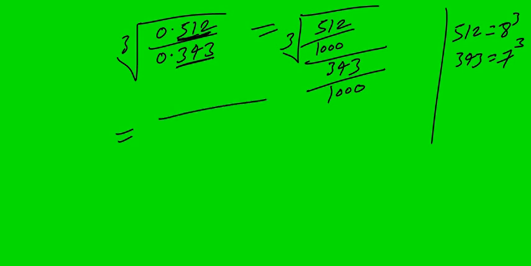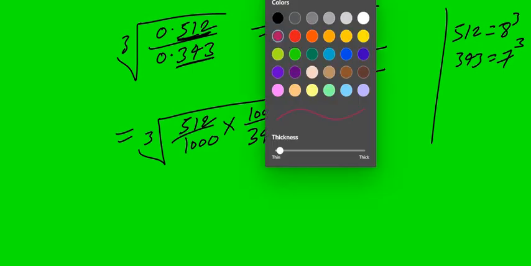In the next step we write the cube root of 512 upon 1000 divided by 343 upon 1000. As we know, if division is changed into multiplication, the fraction is inverted, so it becomes 1000 upon 343. This is a very simple method. If you remove the decimal, it becomes very easy to solve. Otherwise you can use other methods.